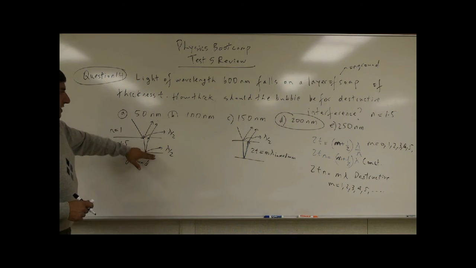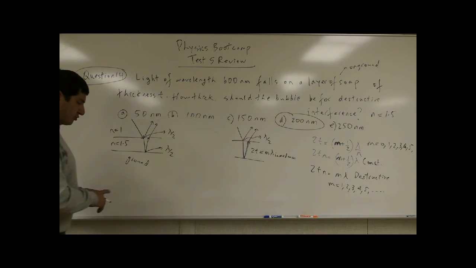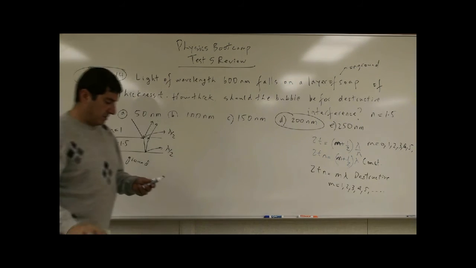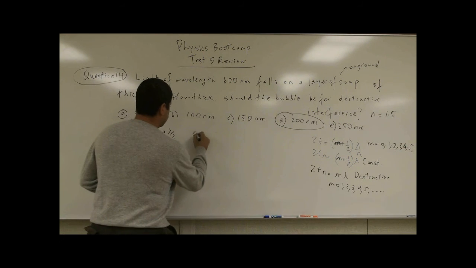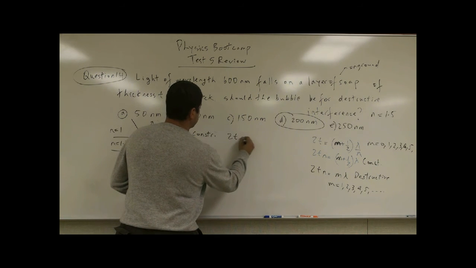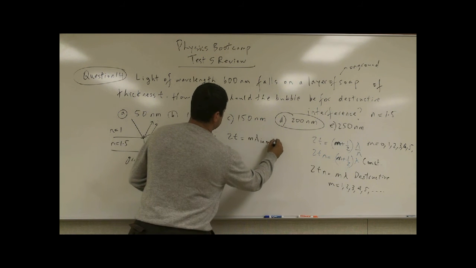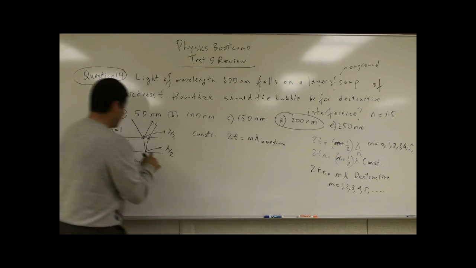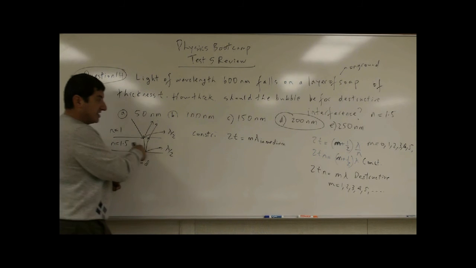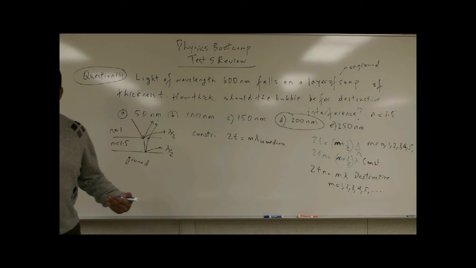So then, what's going to be the condition for constructive? What's going to be the condition for destructive? In this case, constructive is going to be 2t is equal to m lambda in medium. If the extra path traveled by the one in the soap layer is equal to an integer multiple of wavelength, then that's constructive interference.